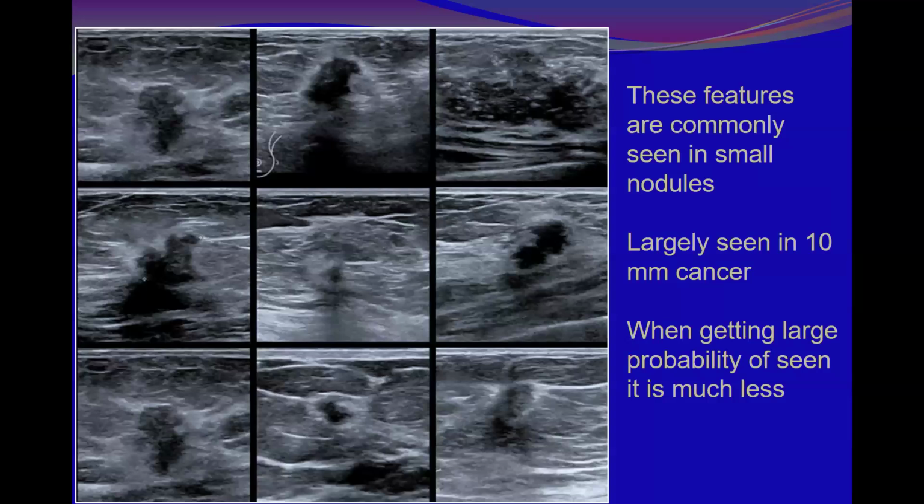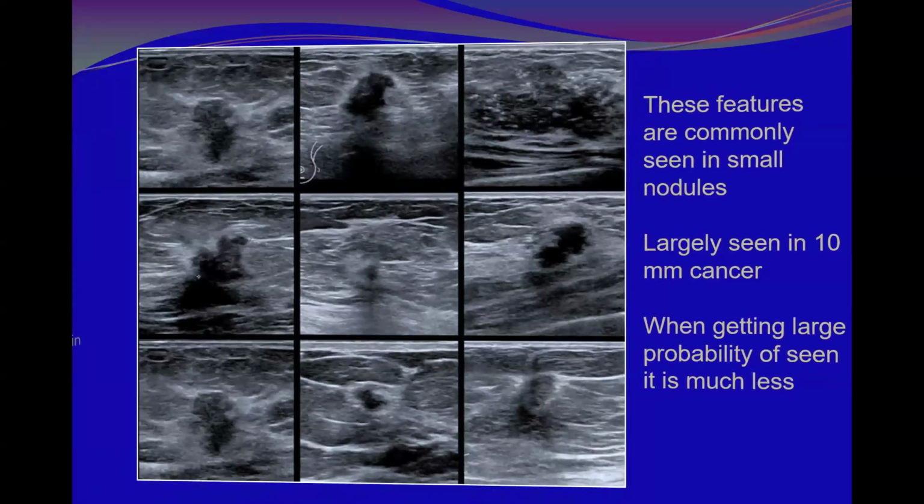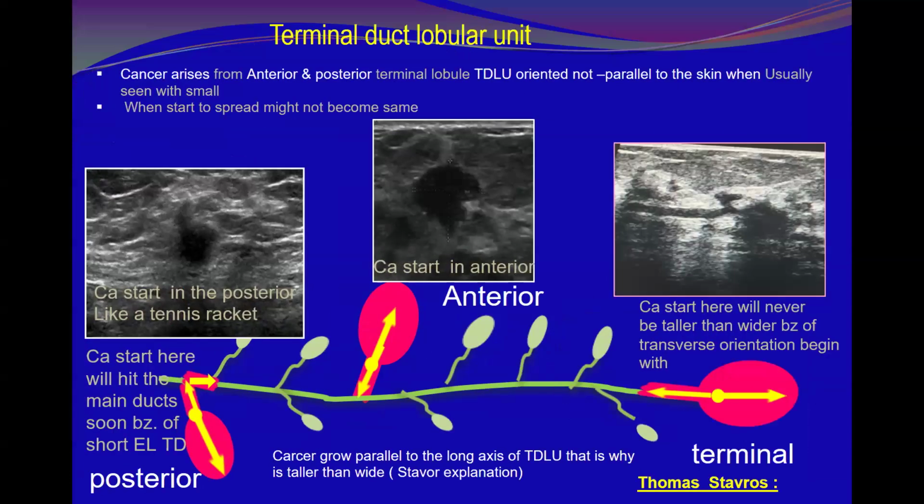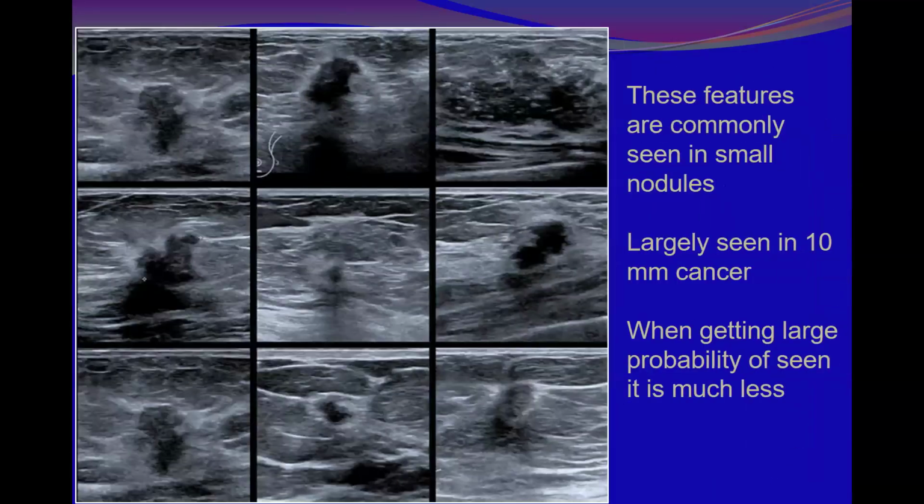Okay, but these features, what we have described, are not always present. Why? Because when the cancer becomes larger and spreads, it might spread horizontally more than vertically, and it can change. So when we talk about these features, we are talking about small cancers. So we can see them largely in 10 millimeter lesions.